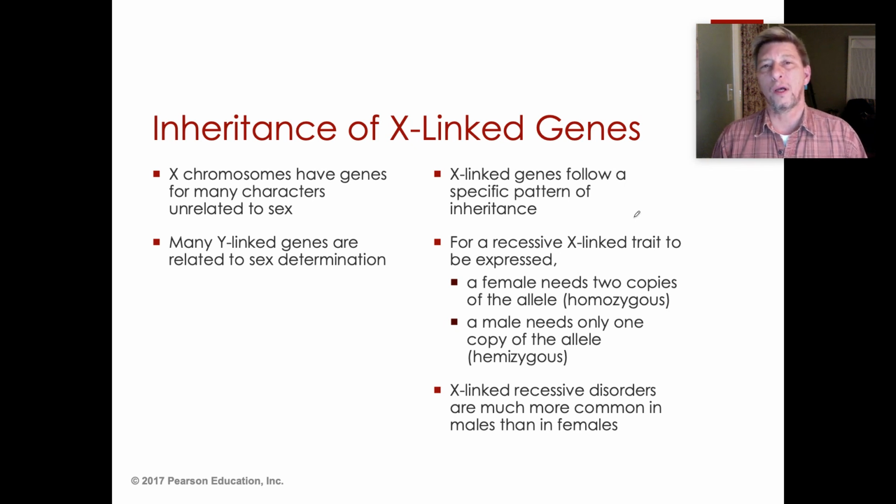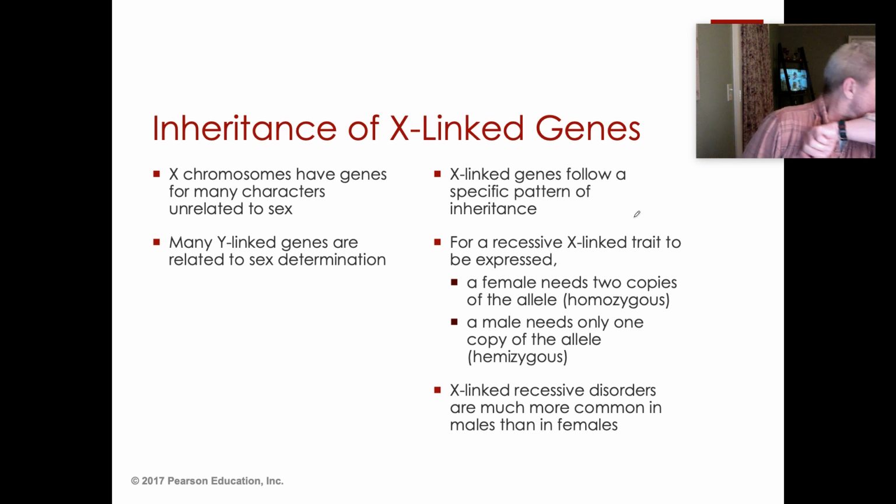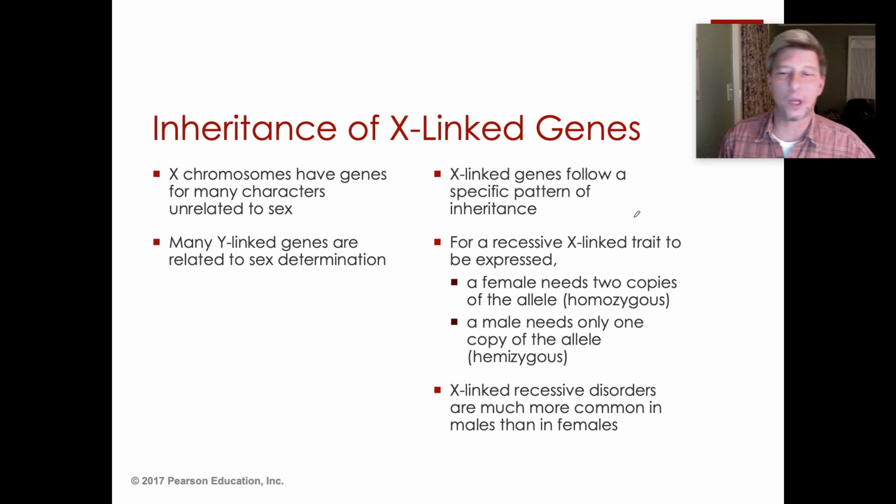For example, if you have a recessive allele on an X chromosome, in order for that to be expressed in a female, the female would need to be homozygous recessive. She would need to carry 2 copies of that recessive allele, one on each of her X chromosomes.